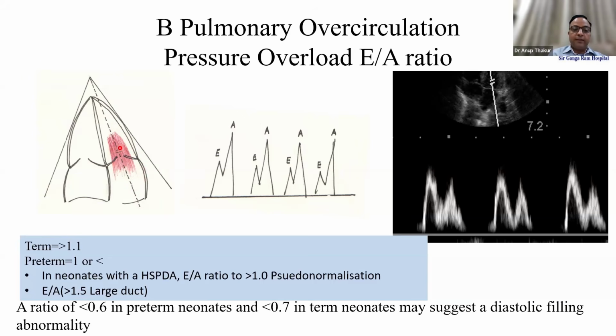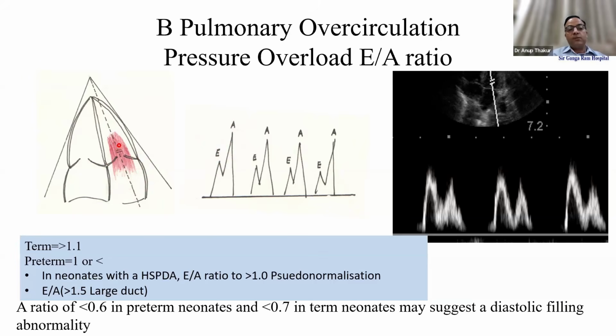First is the early phase, when blood flows passively from the atrium to the ventricles. And at the end, whatever blood is left, the atria contract to push the blood. So this diastole has two phases, an early phase called the E wave, and a phase of atrial contraction which occurs later on called the A wave.